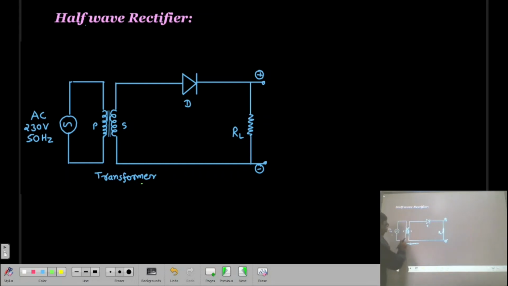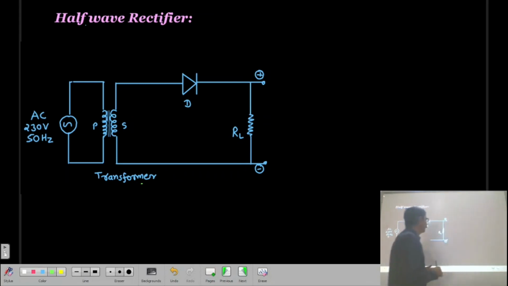So first of all, why do you require a transformer? That transformer has two advantages. The first advantage is that according to your DC voltage, you can increase or decrease the AC voltage.